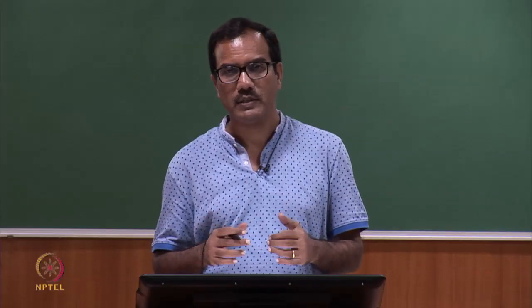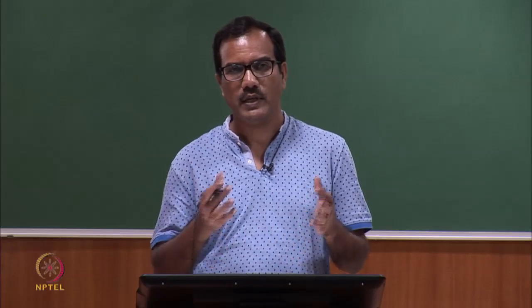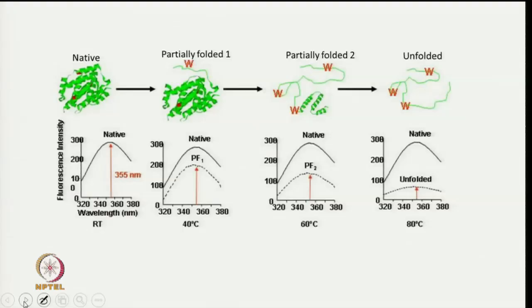So, let us understand first what happens to the fluorescence intensity of these fluorophores when you go from the native state to the unfolded form. This is the native state, and you can see that the fluorescence intensity is maximum at 355 nanometer at room temperature. Now, suppose I increase the temperature, for example to 40 degree Celsius, the intensity of fluorescence decreases, and you can see it here.